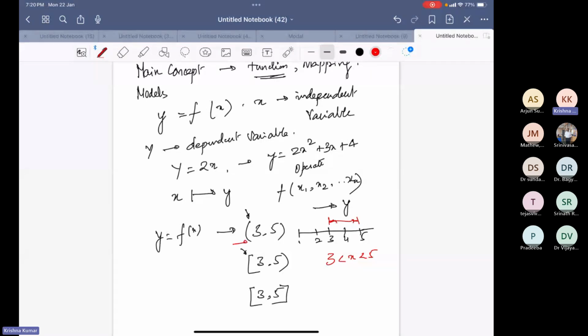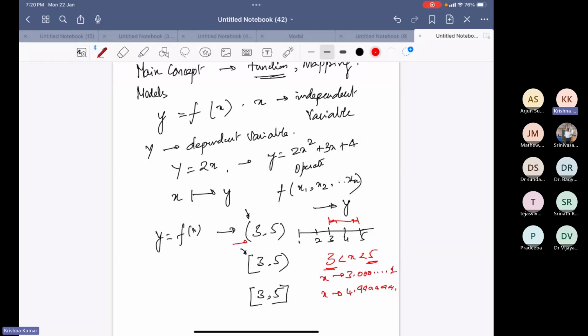So in other words, I can go to the value of x being 3.000000001. And x can also take a value 4.999999 and so on. But x cannot take the value of 3, nor can x take the value of 5.